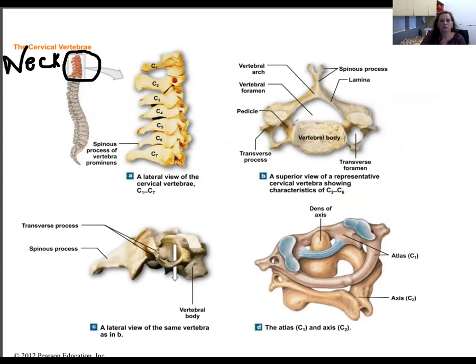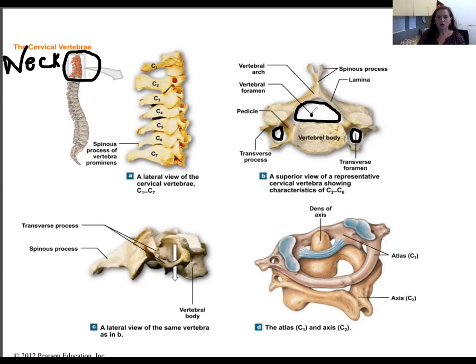Your cervical vertebrae are going to have 3 holes. One hole here, another hole here, and a big hole right here. So all of your cervical vertebrae will have 3 holes in them, and they're all found in the neck region. Let's talk about the parts that you need to know on these cervical vertebrae.